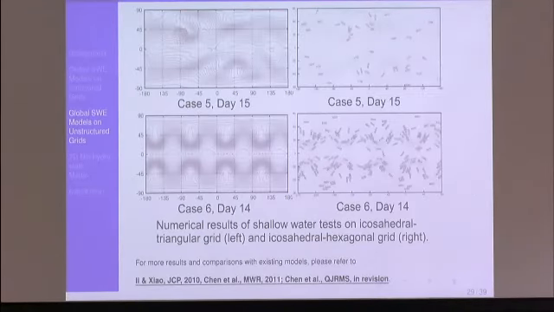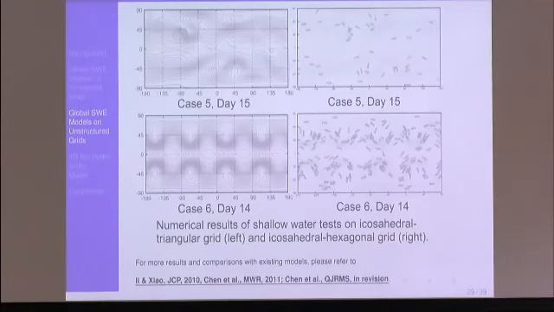On these 2 grids, we also test a lot of benchmark tests, but have no time to report each test here. So I show just these 2 representative ones, case 5 and case 6.